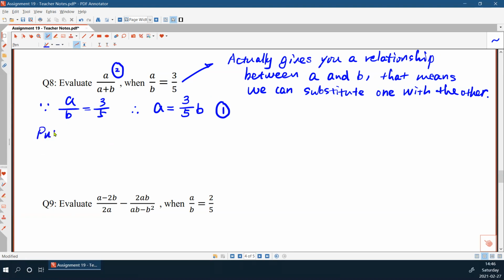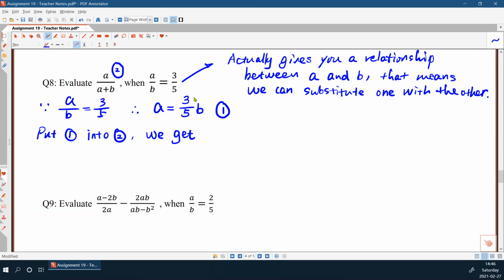So let's put 1 into 2. Then what will happen? We get, what will we get there?